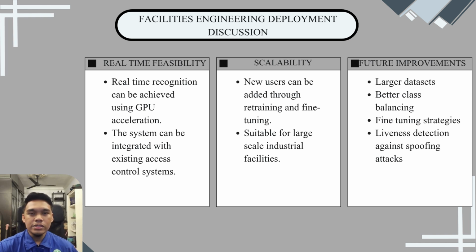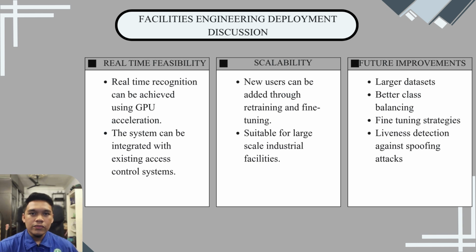Finally, several future improvements can be considered to enhance the performance of the system. This includes utilizing larger datasets to improve generalization capability, implementing better class balancing techniques to address data imbalance, and applying fine-tuning strategies to optimize the Swin transformer model.